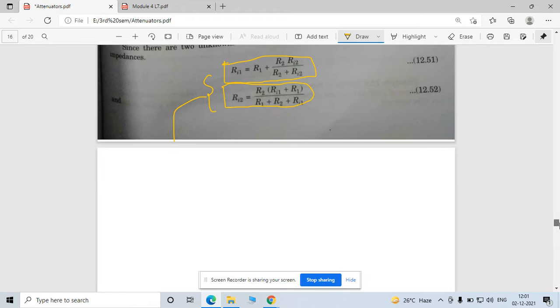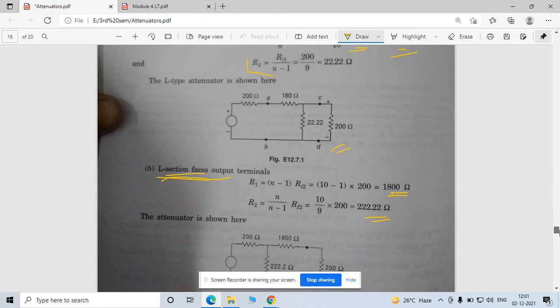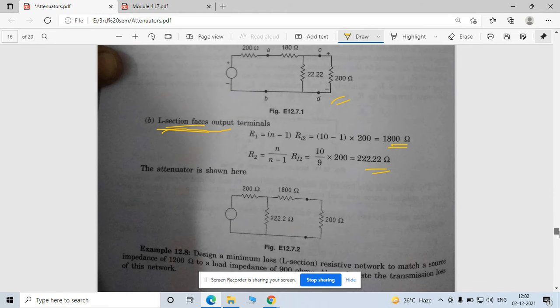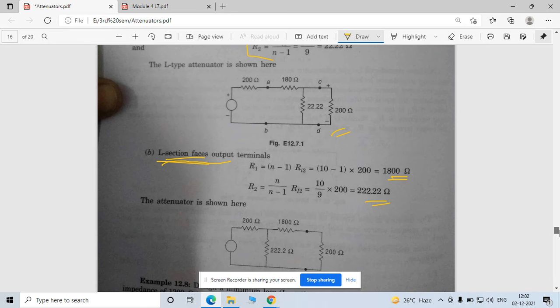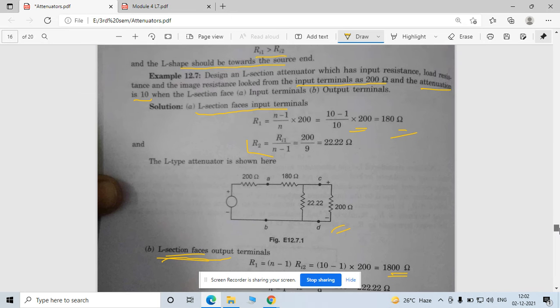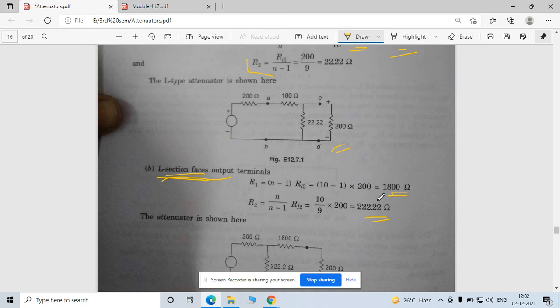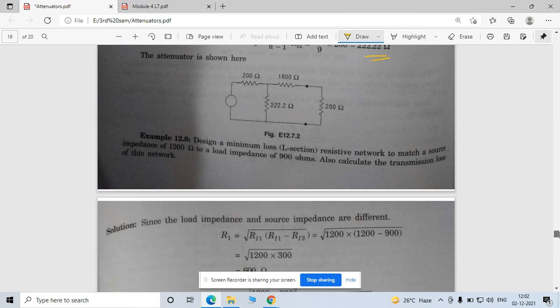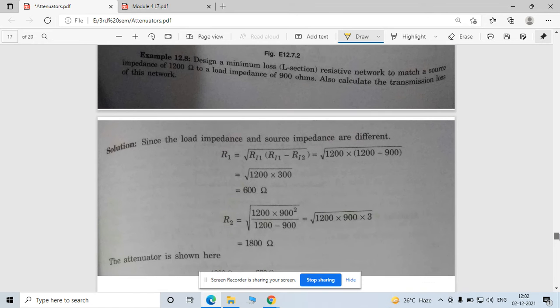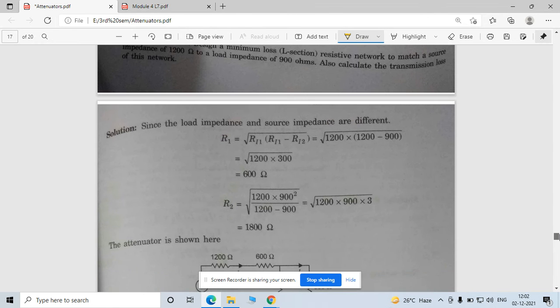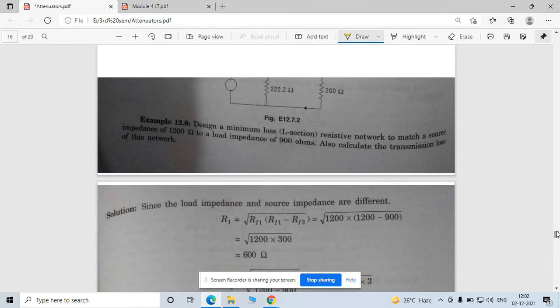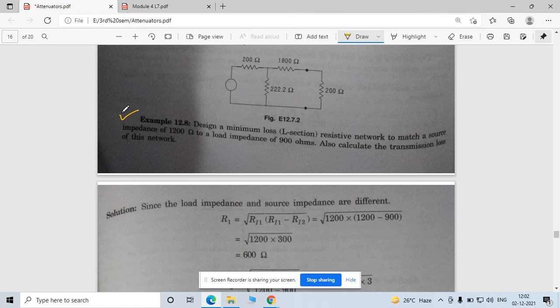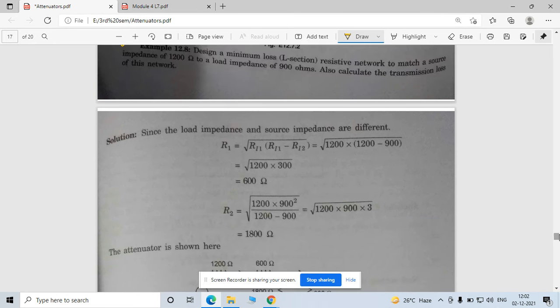And this image impedance is given to you, which is nothing but your characteristic impedance, right? So you can find out this value as well, and put that value in this circuit format. Now one more example is given here. Try to solve this example and match your answer with this.